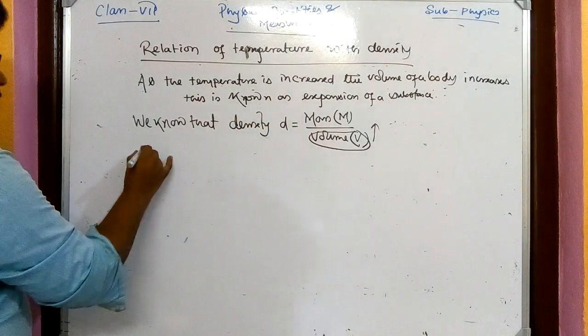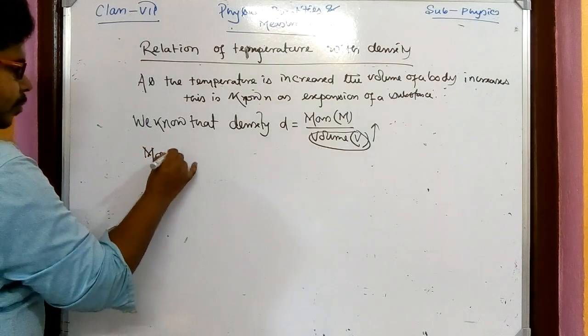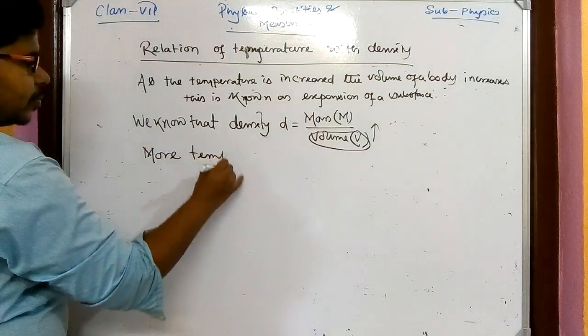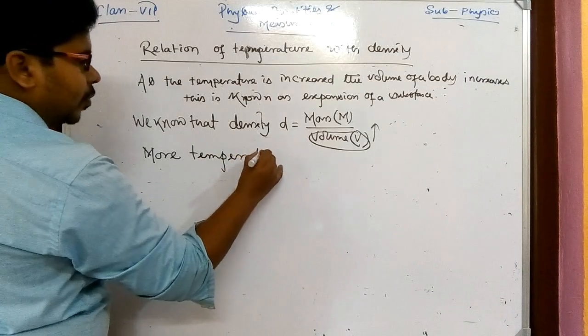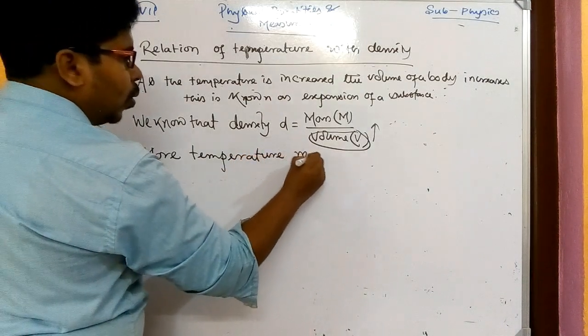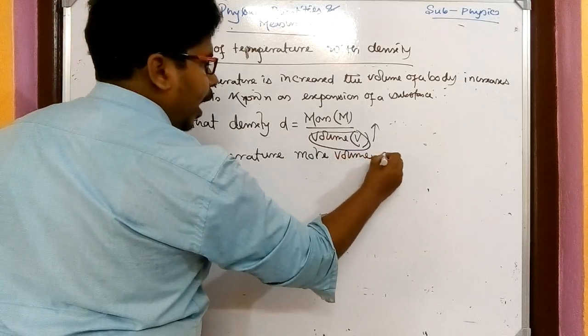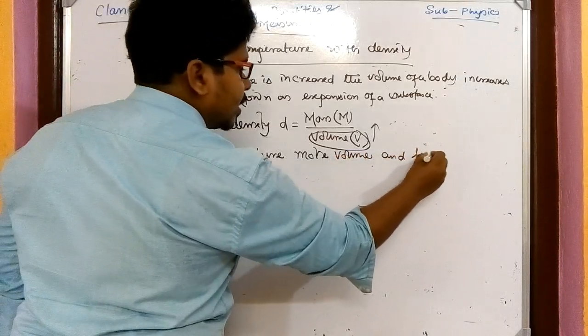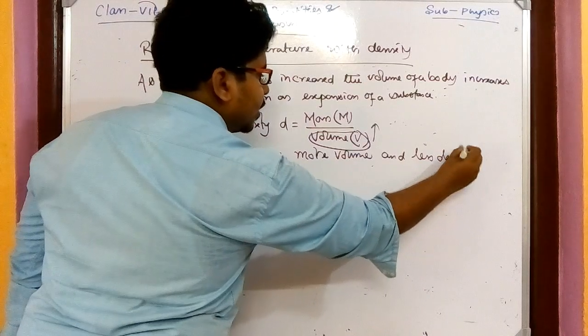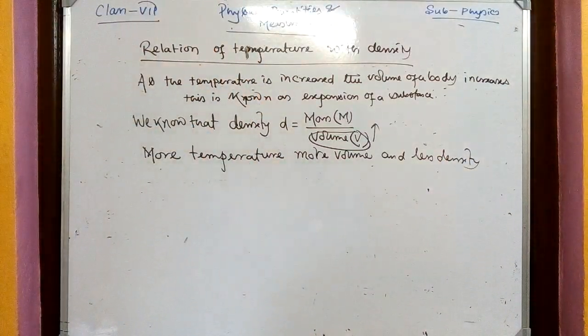So we can write: more temperature, more volume, and less density. As the volume is increased, density decreases.